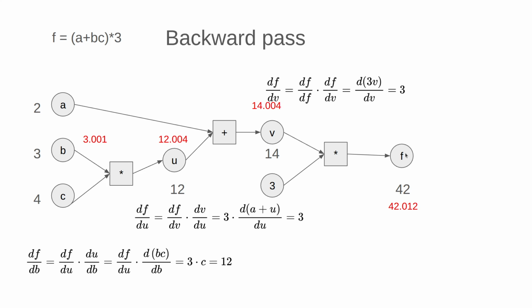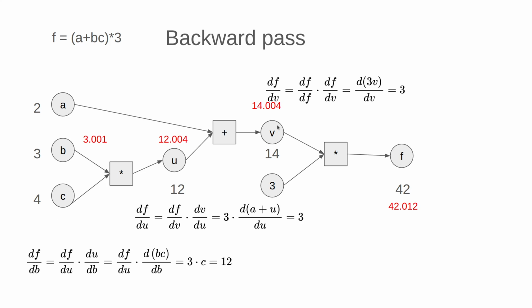Since we will start from the end of the computational graph, which will be some function, and we will try to decide the gradient of f against every variable in the computational graph, so that we can know if we change the value of u, how much f will be changed.